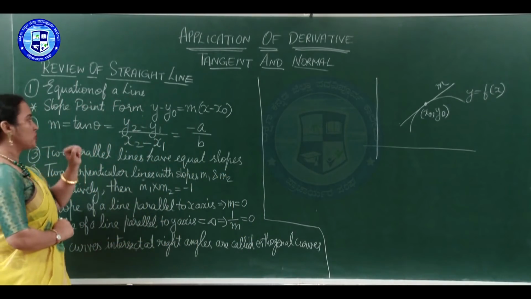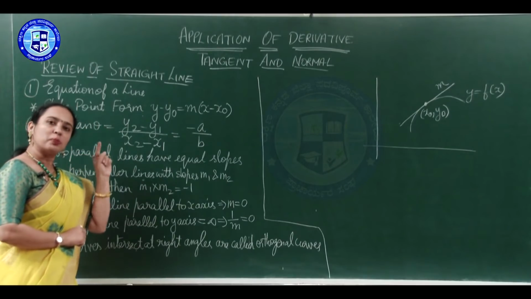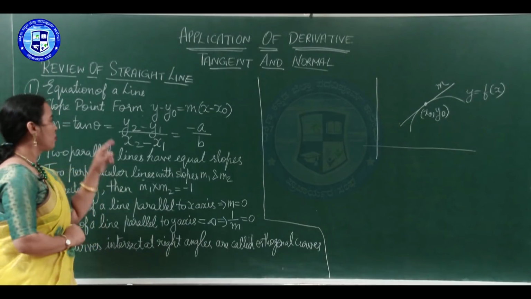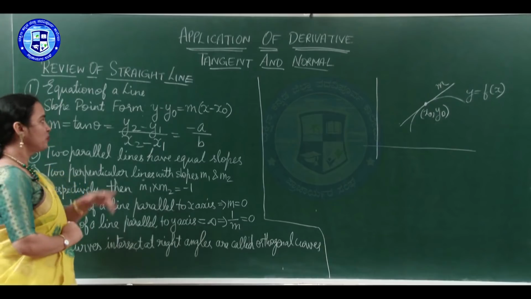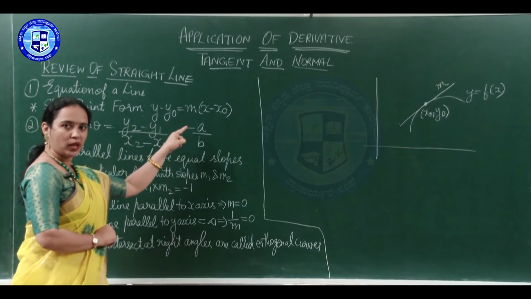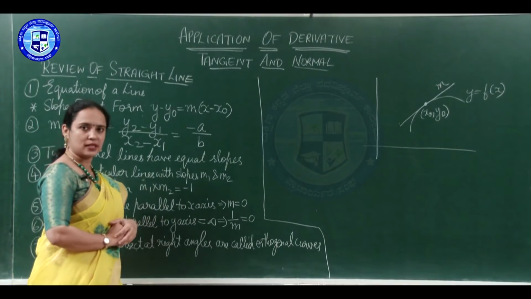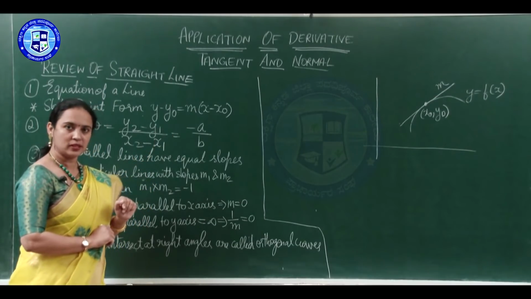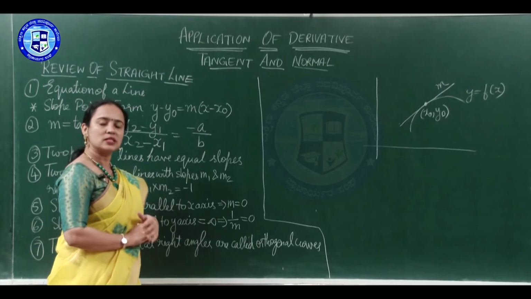If you have a straight line which passes through a point and has a slope, we call the form the slope point form. It is y minus y naught is equal to m into x minus x naught, where x naught, y naught is the point where the line passes and m is the slope.